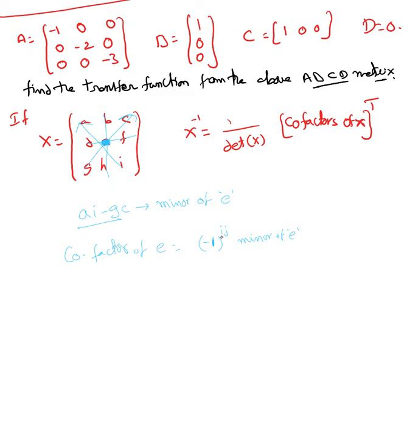So minus 1 to the power of 2 times 2, which is 4. Minus 1 to the power of 4 is a positive number, so the cofactor and minor in this case are the same.